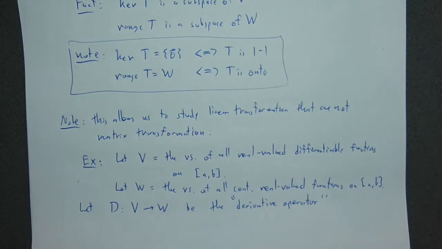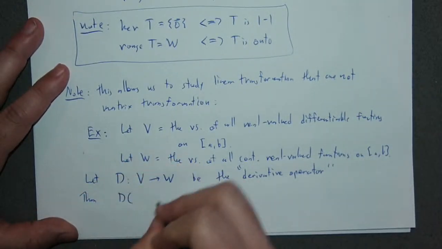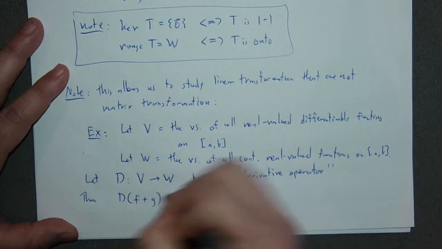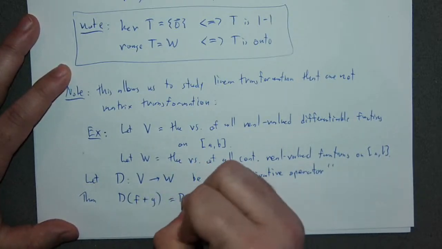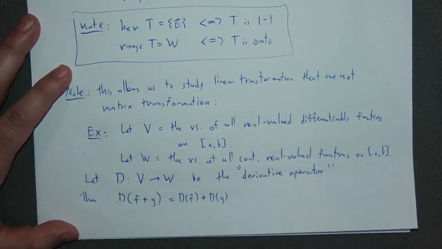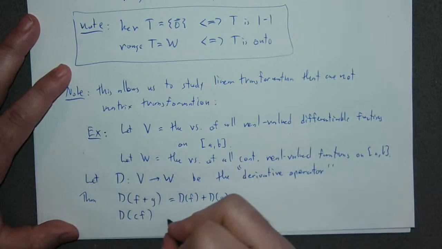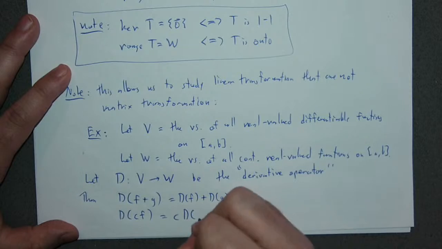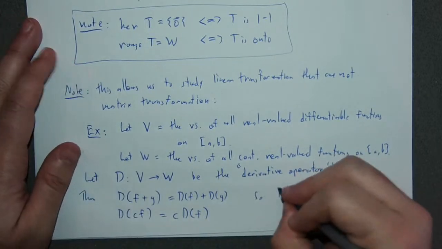Well, then the derivative of a sum of two functions is the sum of the derivatives, and the derivative of a constant times a function is the constant times the derivative of the function. So D is a linear transformation.